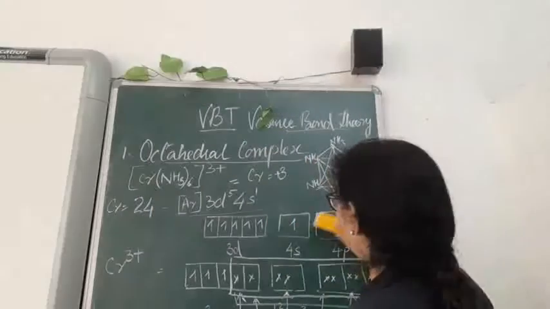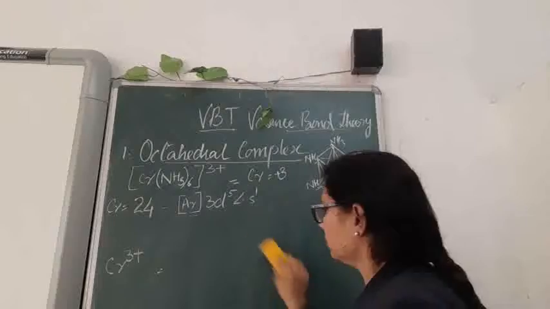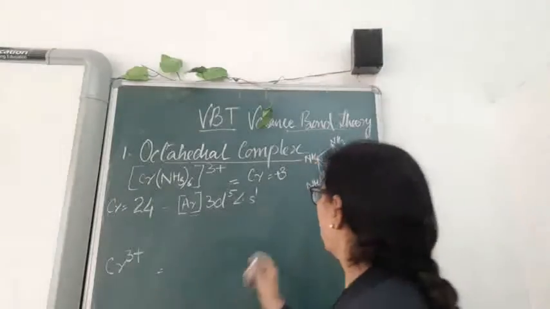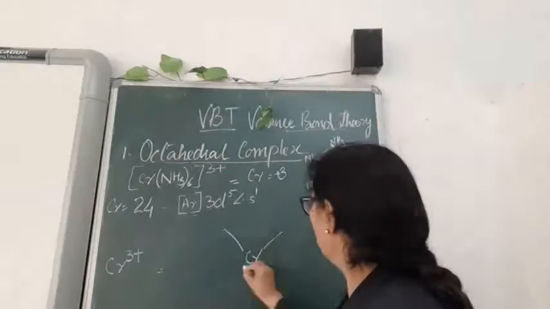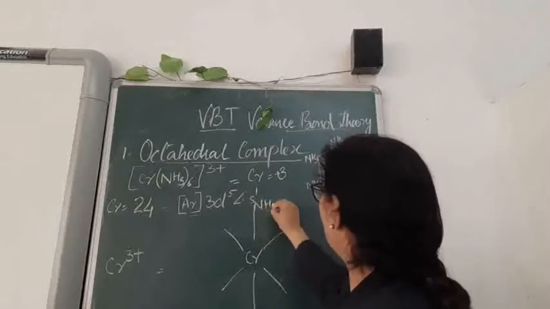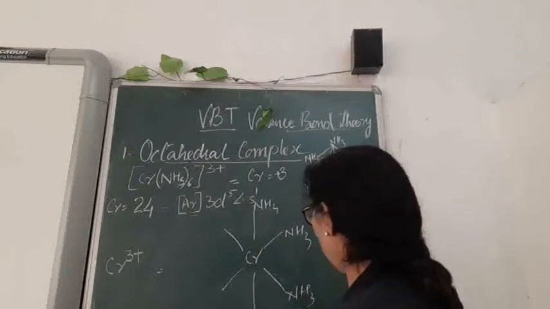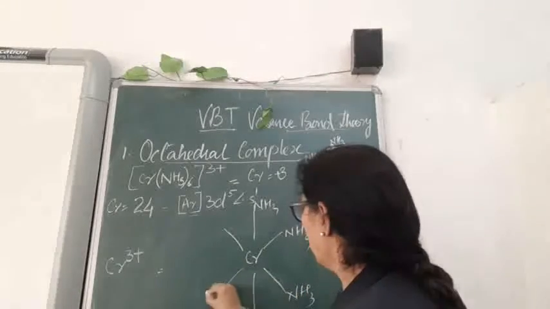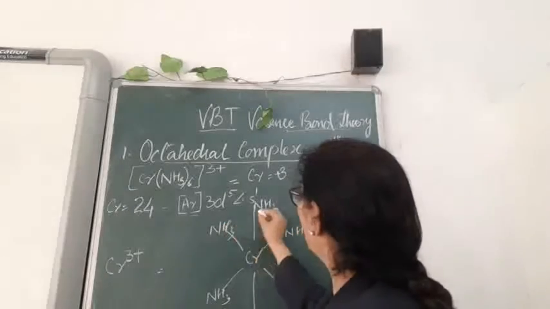I will revise this for you once again, children, as to how it is formed. Keep chromium in the center, and 1, 2, 3, 4, 5, 6 ammonia molecules are getting attached to it. You can see 6 ammonia molecules are attached. Now let us see how to get the octahedral geometry.